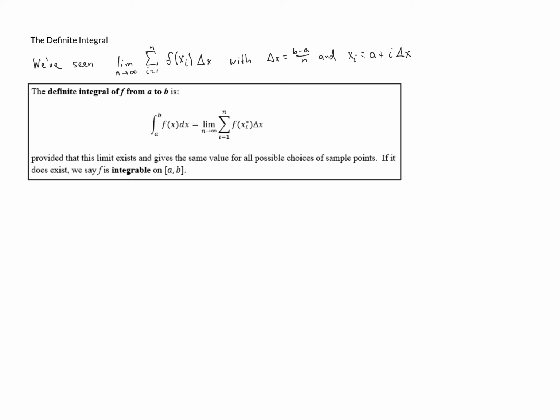We actually call limits like this the definite integral of f from a to b. We call these integrals, and they are specifically definite integrals. You will see indefinite integrals later, but the definite integral of f from a to b is written like this.